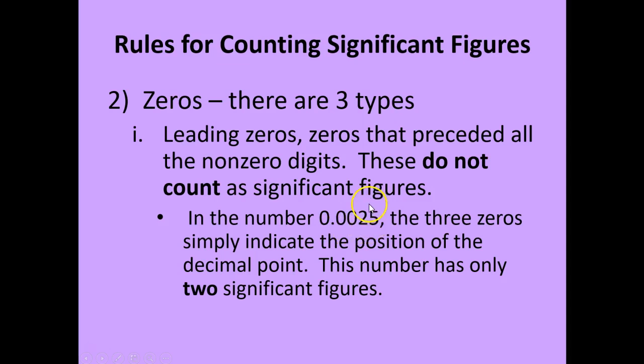So the only 2 significant figures in this number are the 2 and the 5. The zeros are simply telling you where to position the decimal point. We can demonstrate that by writing this number in scientific notation, which becomes 2.5 times 10 to the minus 3, and now it becomes clear that the coefficient only has 2 significant figures.